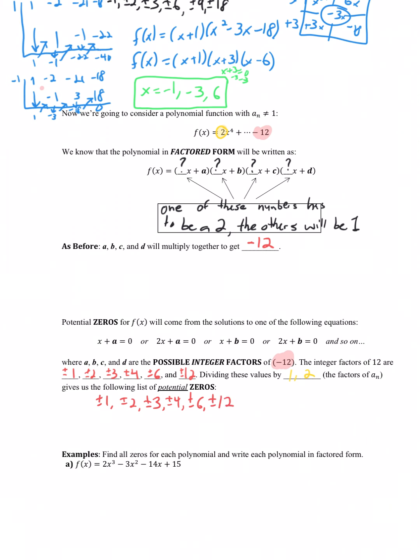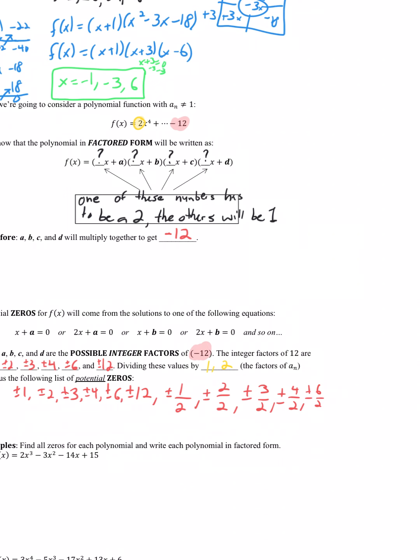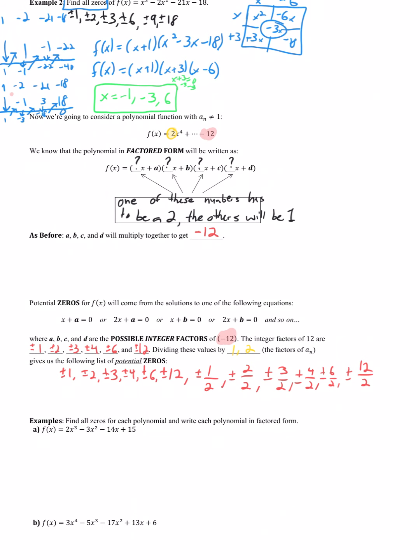And then we have to say plus or minus 1 divided by 2, plus or minus 2 divided by 2, plus or minus 3 divided by 2, plus or minus 4 divided by 2, plus or minus 6 divided by 2, plus or minus 12 divided by 2. That adds a lot.